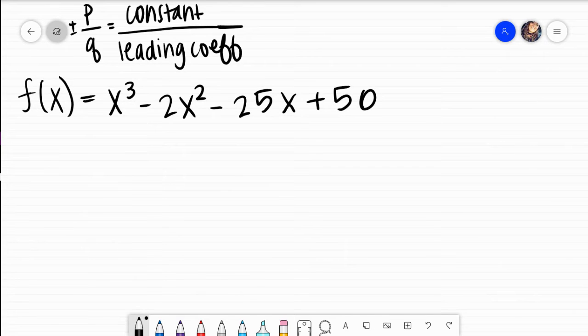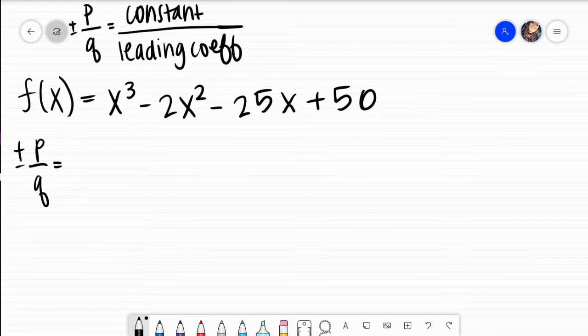Okay, so now that we have this right here, what we can do is list all of our possible rational zeros. Now, remember I told you we're going to do plus or minus p over q. P is my constant. So my constant is the number 50. Okay, and then my leading coefficient is 1.